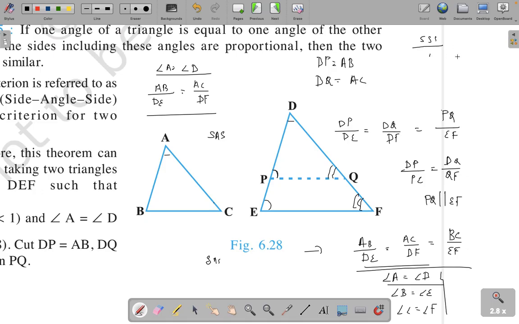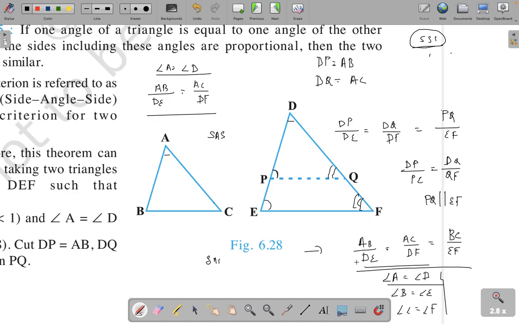When all three sides are equal and all three angles are equal, then only we can say that the two triangles are the same or congruent, right? So using the SSS criteria, we prove that if three sides are equal, then all three angles are also equal. That means that the triangles are congruent. This is the same thing we are trying to prove.